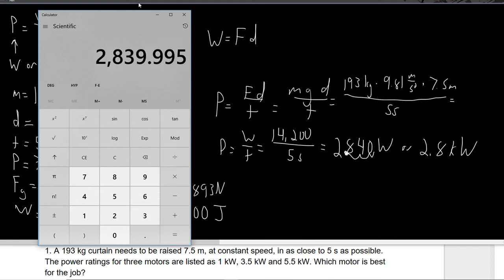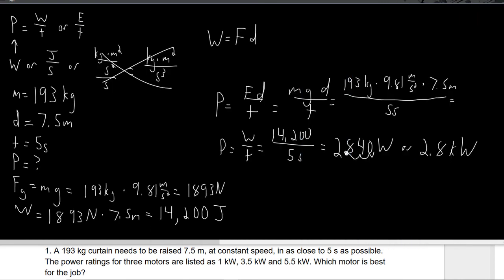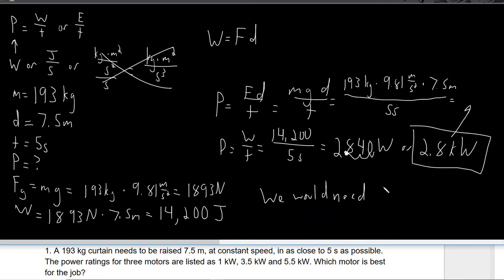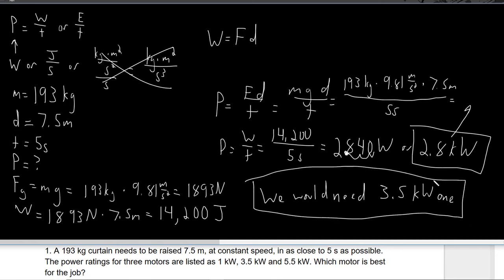Same number we got before, so we're doing good. This right here, let's put a box around it so I know that's how much power I need. The correct answer is we would need the 3.5 kilowatt one. Okay, so that's really the answer we're looking for. But we would need the math to prove why.